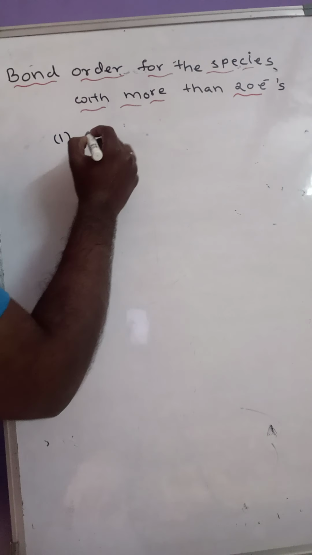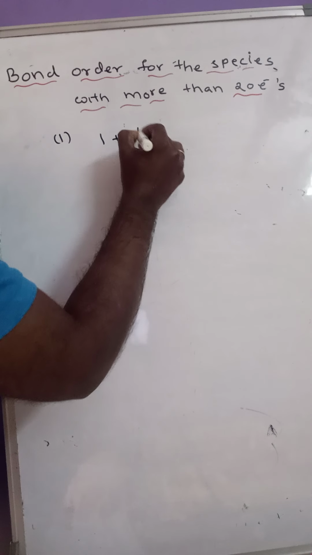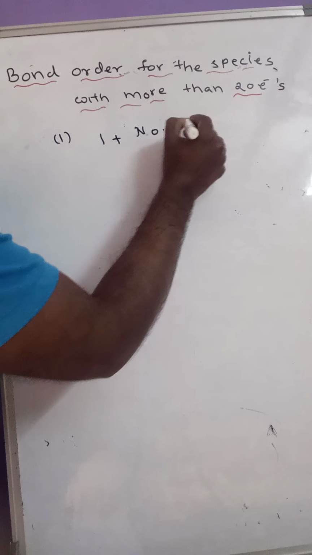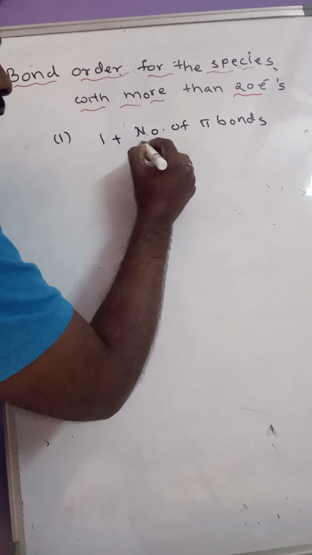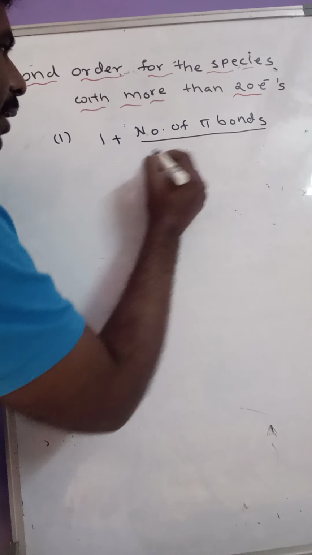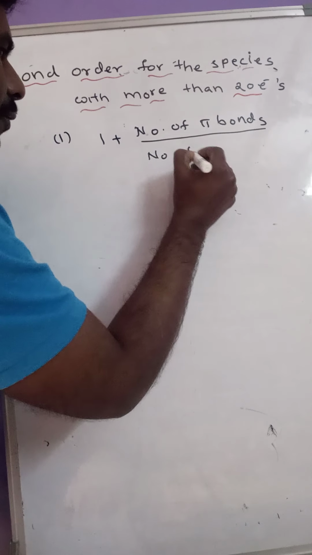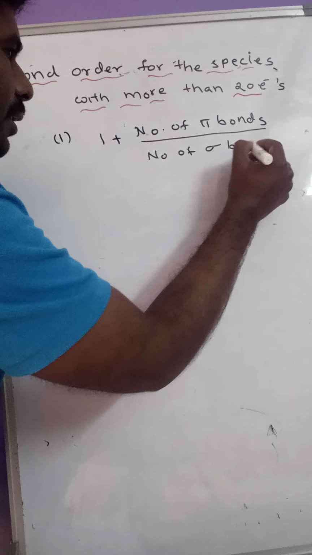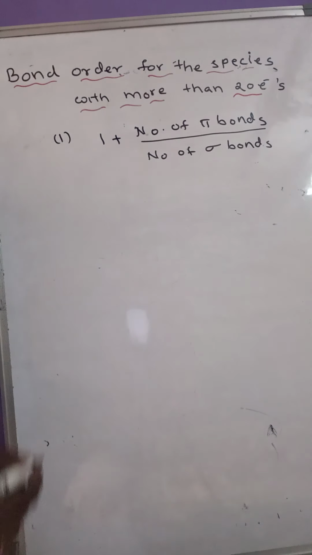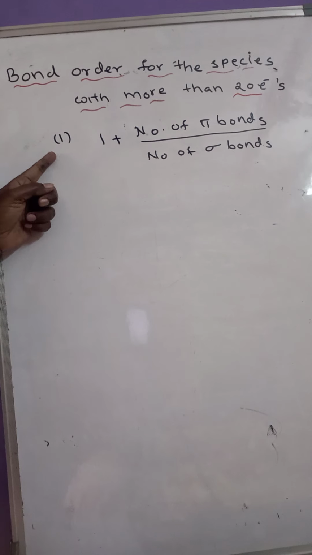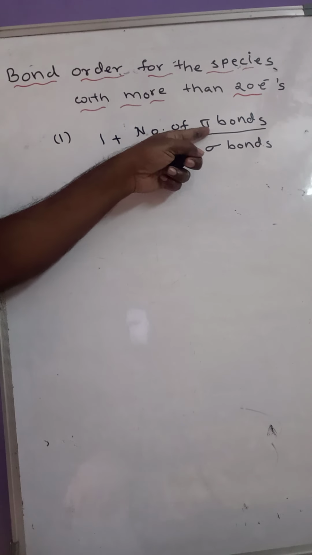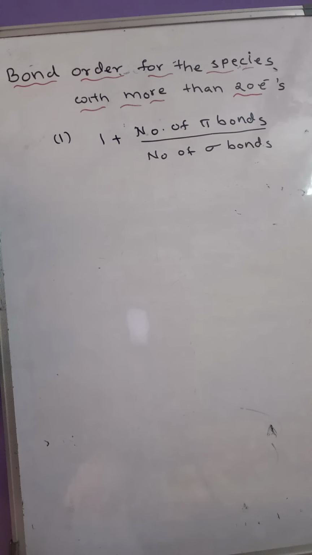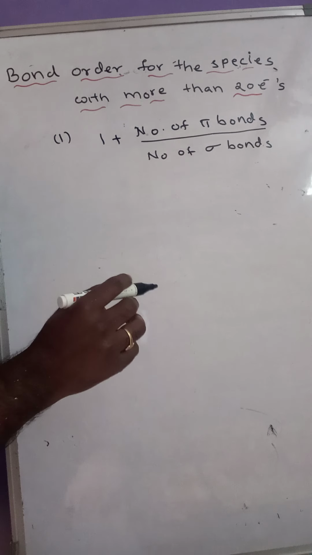The first formula is bond order equals 1 plus the total number of pi bonds divided by the total number of sigma bonds.